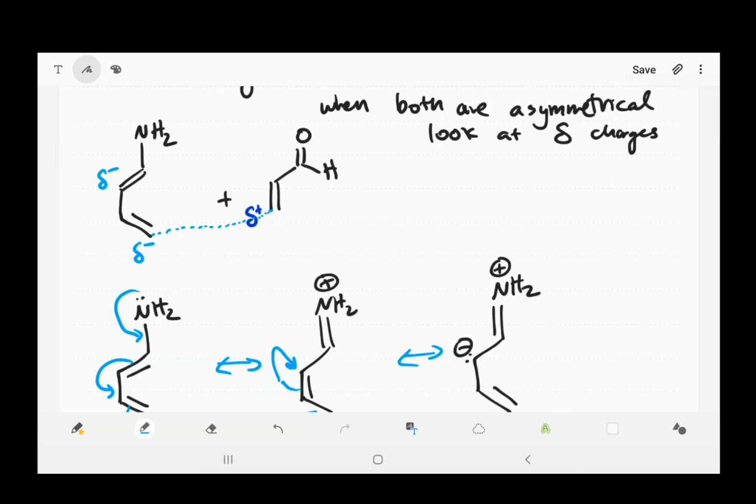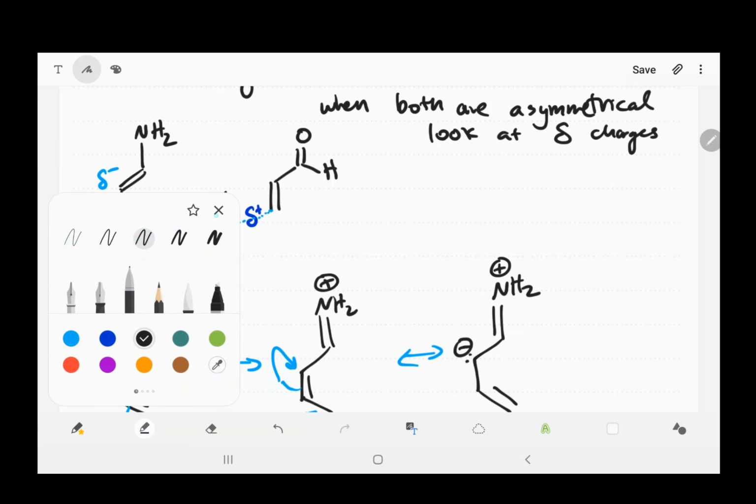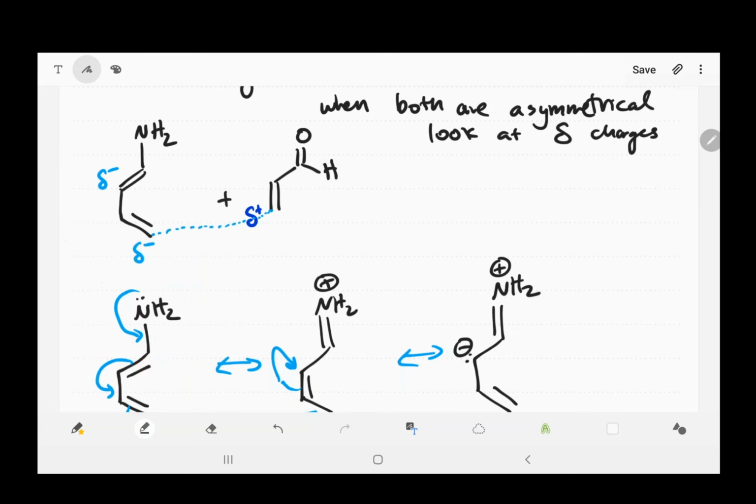And so as a result, that's where we're going to be pushing our electron density. So electrons are going to be pushed down. Carbon 4 being slightly more negative is going to be attracted to carbon 3 in the dienophile. And so we're going to see that that's where our reaction is going to be taking place.